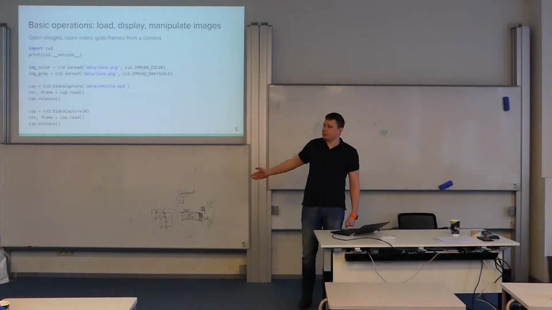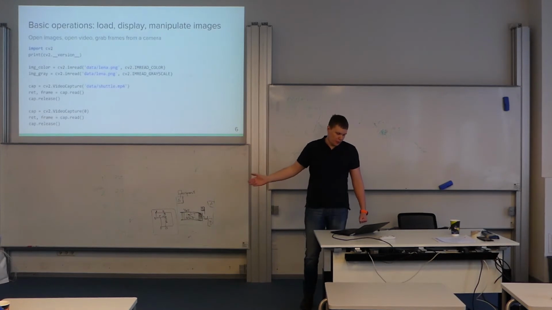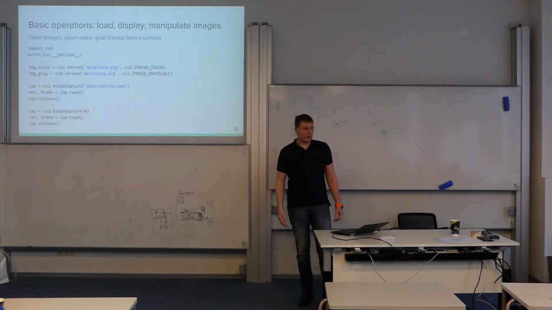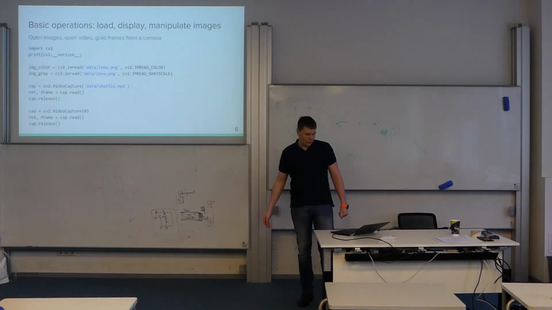Just pass the number of your image device instead of the path to the file. And we can simply grab frames from the camera. Not all cameras are supported, but frames from some widely spread cameras can be grabbed like this.